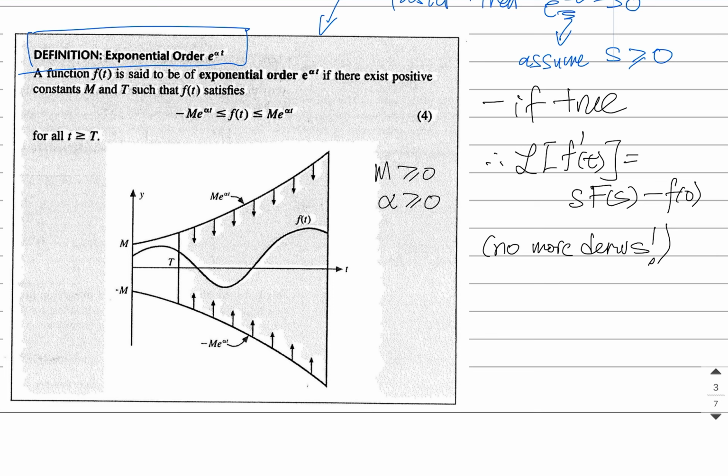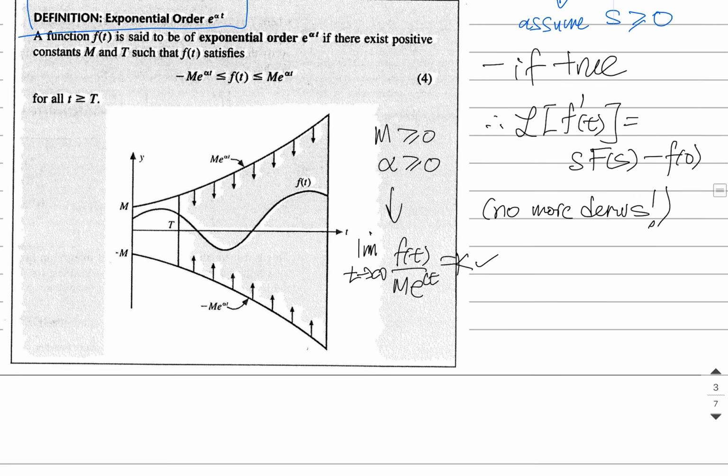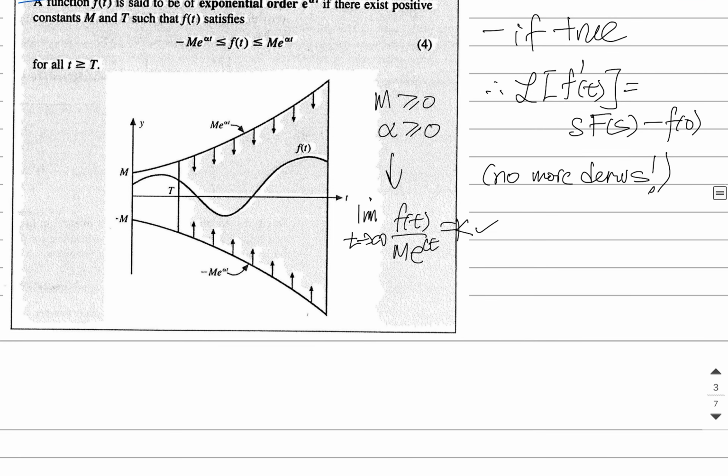And it doesn't really matter what they are as long as they're always going to be entrapped like this. So another way to think of it is you could say, well, if I take the limit of my function divided by some exponential, this better exist. The limit better exist for some k. And we don't really care what the number is. It just needs to be trapped in there.